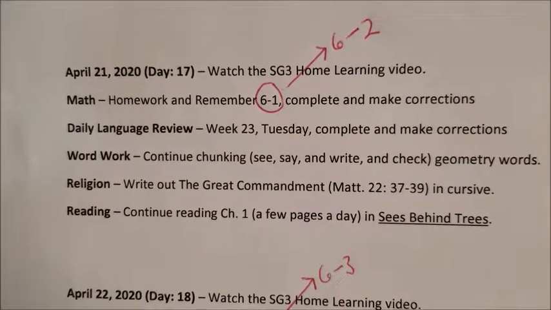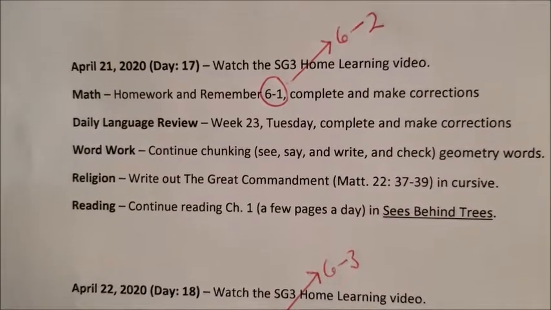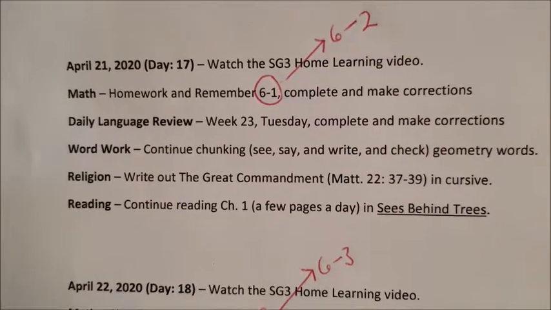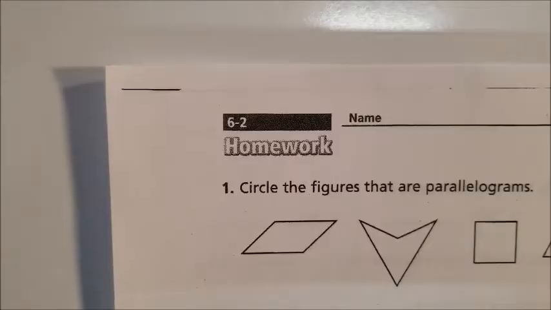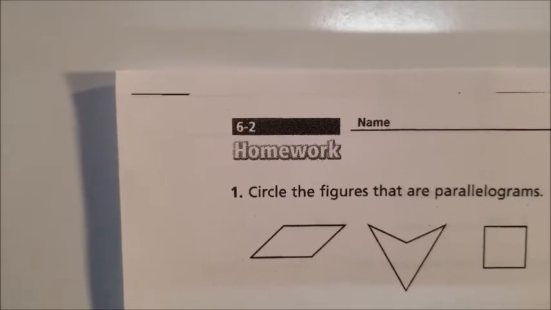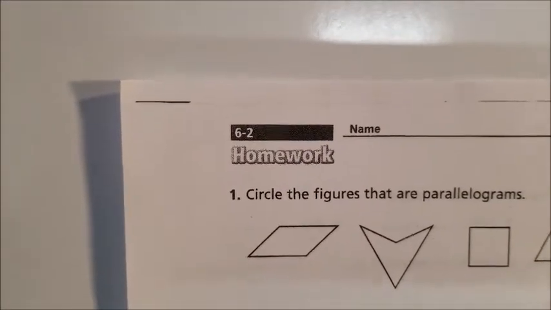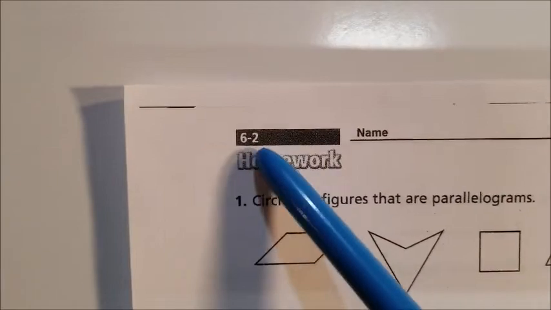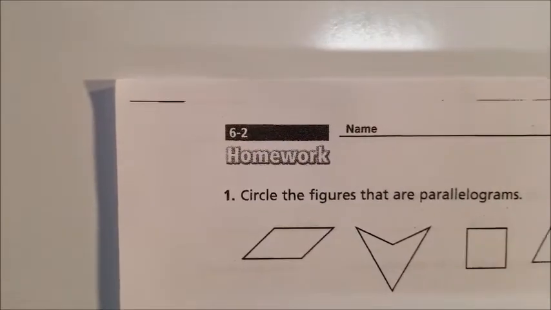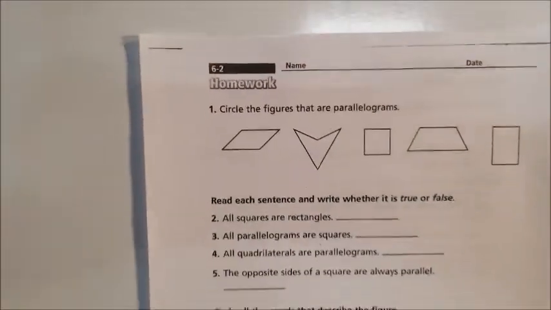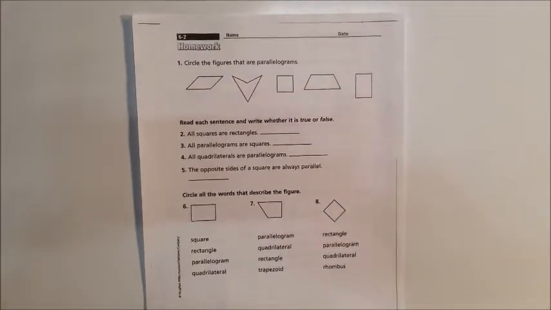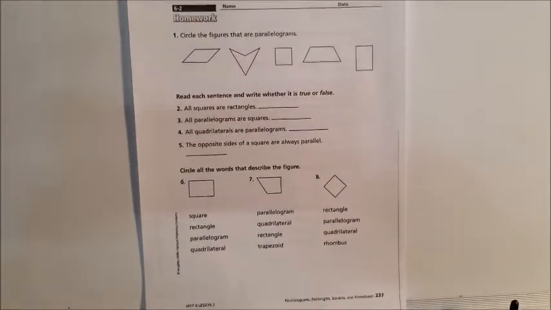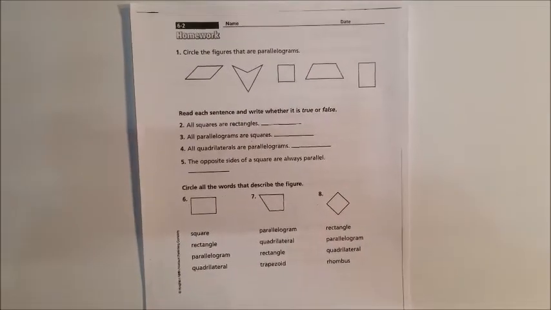And then our daily language review, some word work, religion, and of course, reading of Seas Behind Trees. Here is your proper assignment for today. You can see 6-2. That's our assignment for our homework side anyways. And we have a lot of vocabulary to go through today. Let's take a look at that before you guys dive into this work.